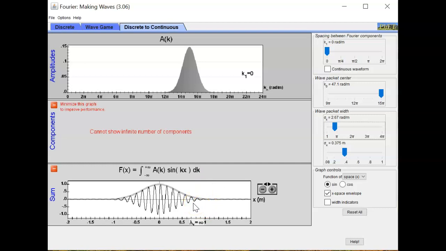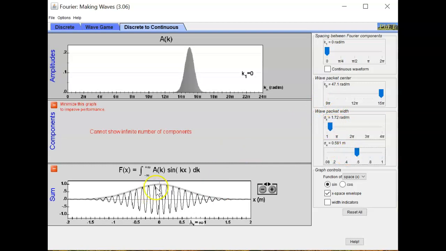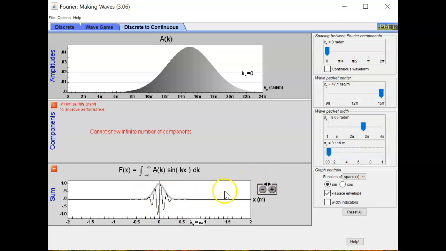So if I had an ensemble of identical particles, if I prepared a bunch of particles in the same way and measured their position, I would have a greater uncertainty in position as sigma x gets bigger. This particle is less likely to be measured in a tiny little narrow window, where this particle is very likely to be measured in that tiny little narrow window.